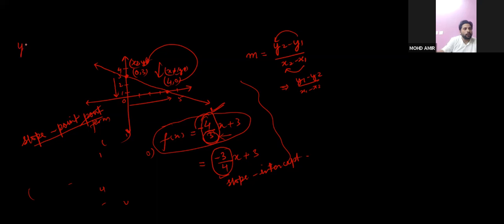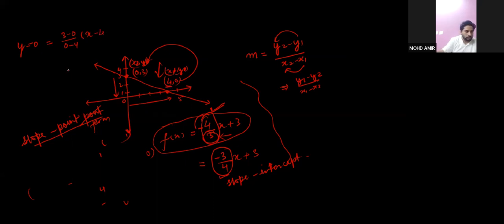Okay. y minus y1, that is 0, is equal to x2, that is our 3 minus 0 over, and I think 0 minus 4, x2 is 0 minus 4. In the bracket we will be having x minus of x1, that is our 4.